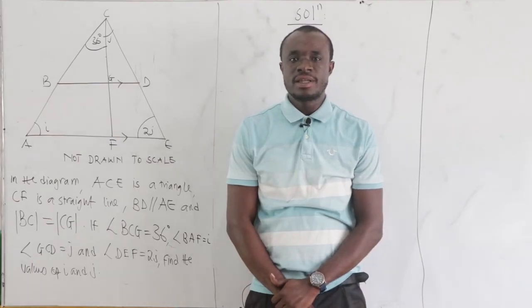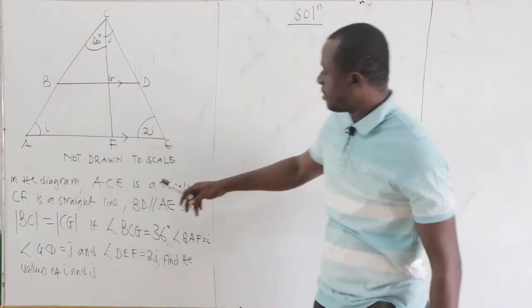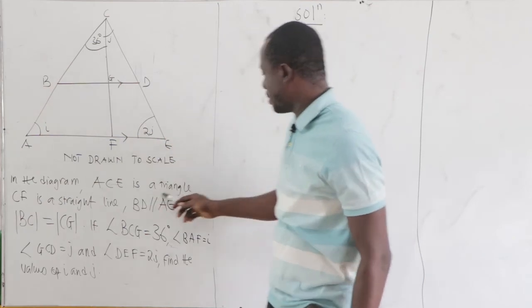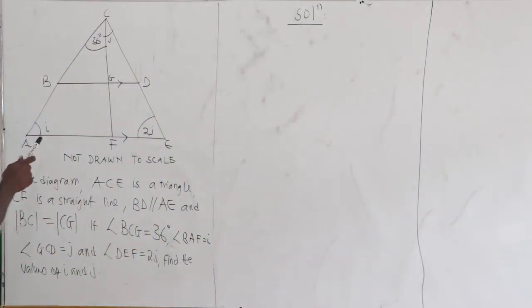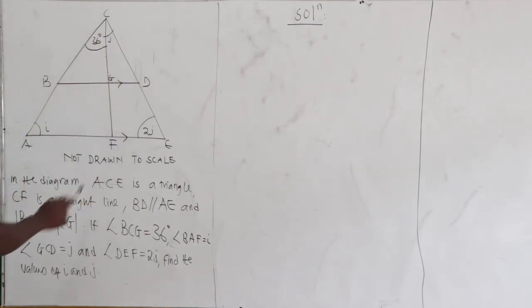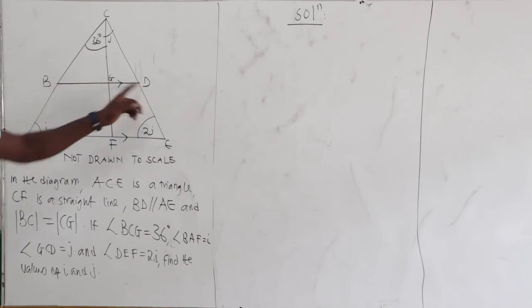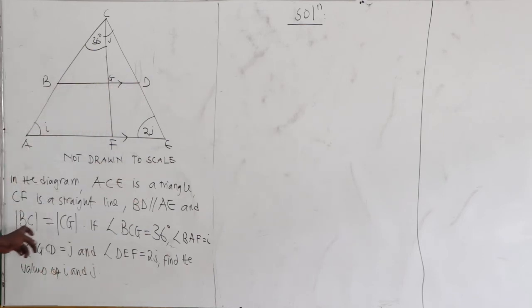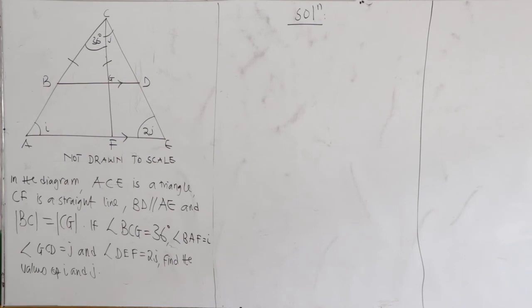Now let's consider this nice example. This is not drawn to scale. In the diagram, ACE is a triangle. CF is a straight line. BD is parallel to AE, and BC is equal to CG. So this and that are equal.